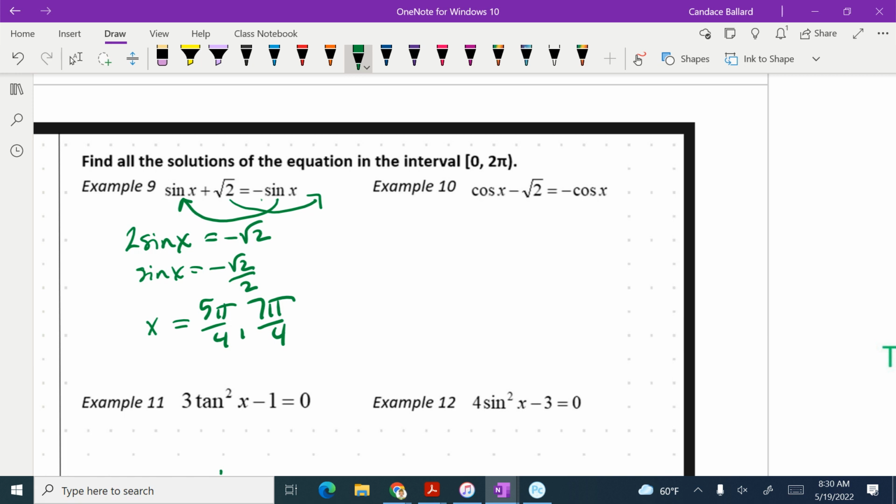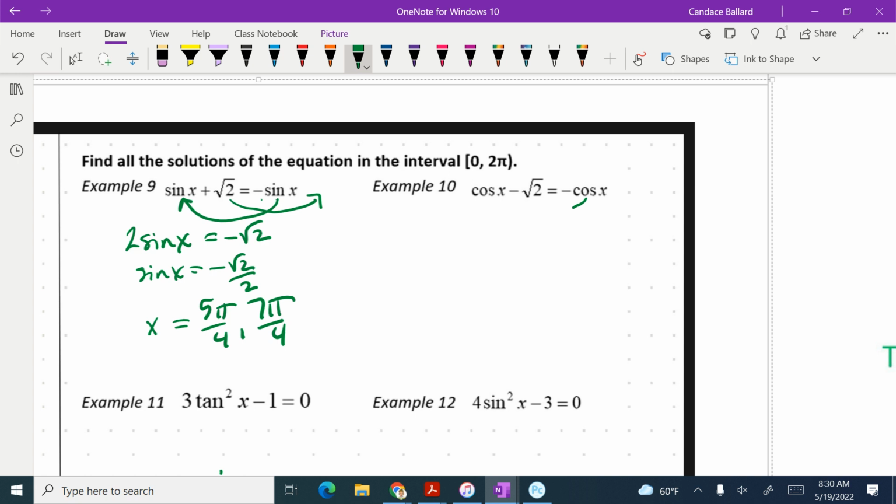Okay, I want you to check it with your table now. So everybody's checking example 10 with your table. All right, let's take a look really quick.